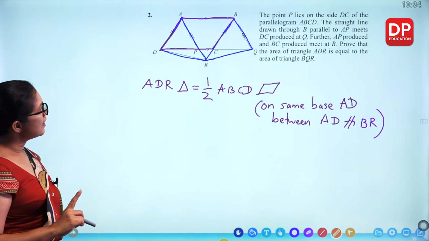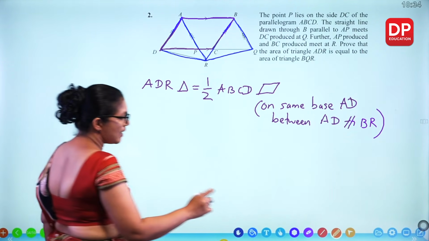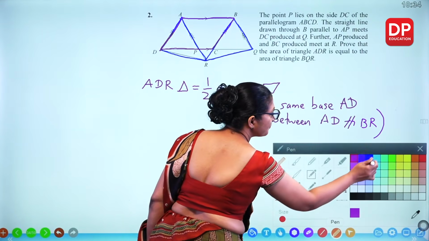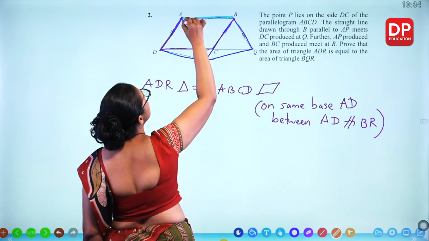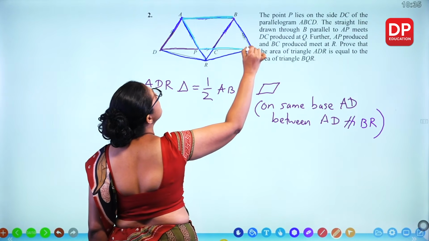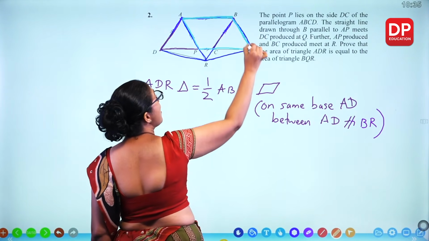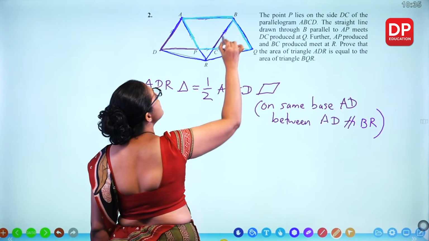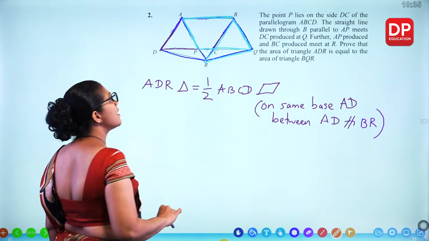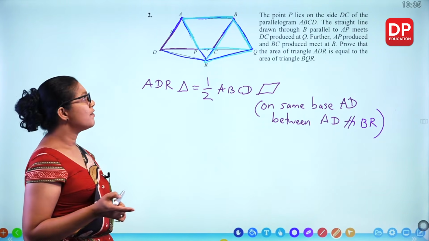And also we can say, when you look at the other side, this parallelogram and this triangle, what can you say? Half of that.